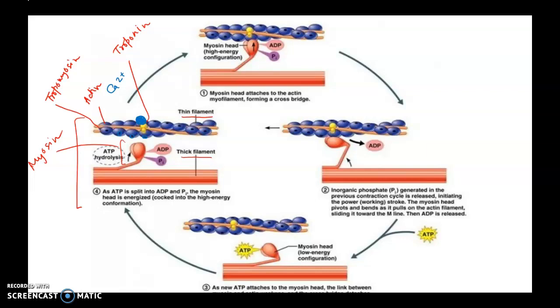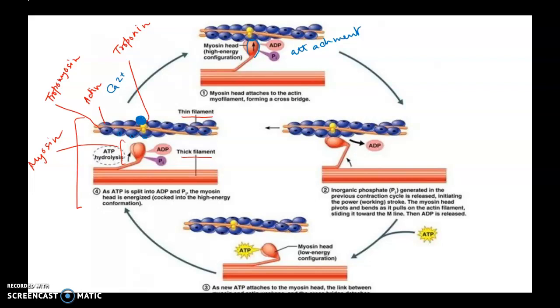Now that calcium has caused this conformational change of tropomyosin, leaving the active sites open, the myosin will swing in and attach. So this is attachment. If you look here, the myosin heads have attached to the active sites of the actin molecules. This is attachment.